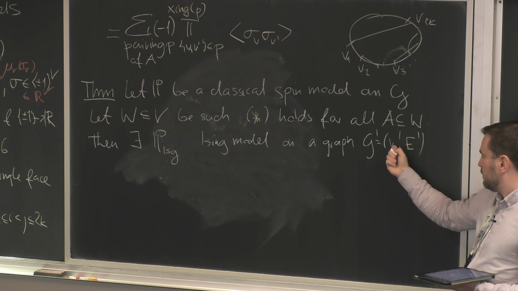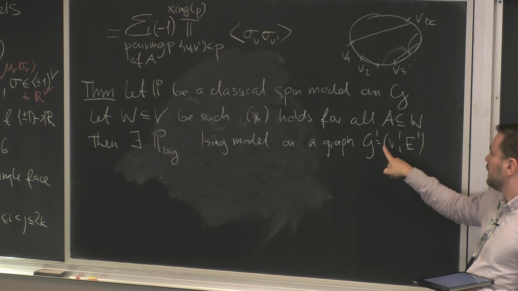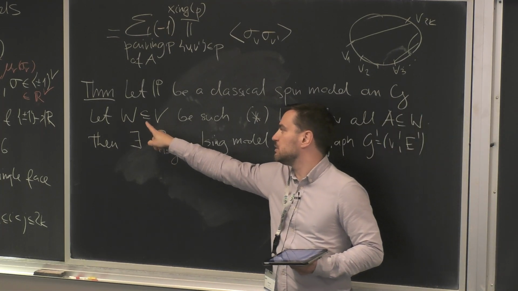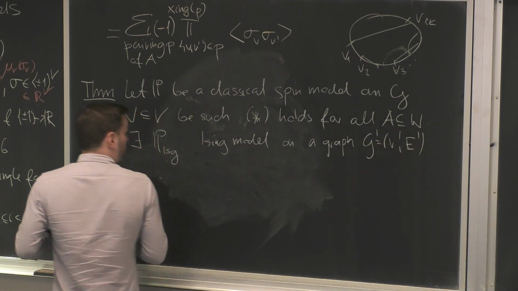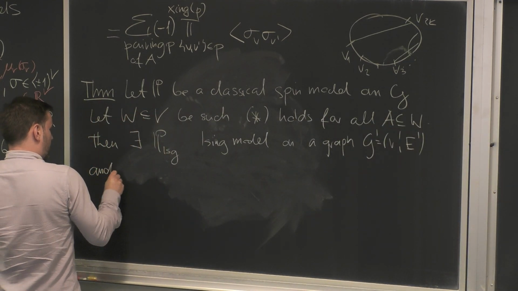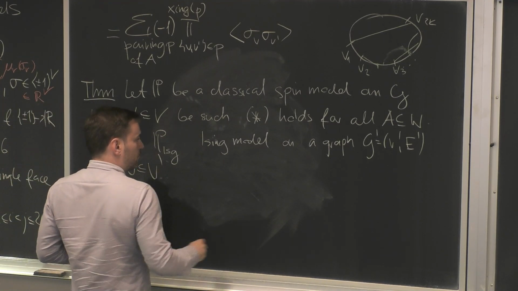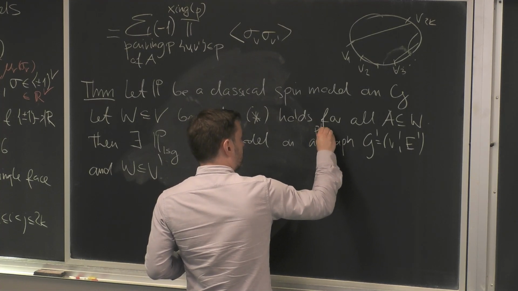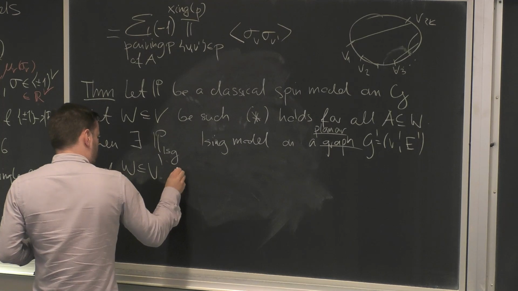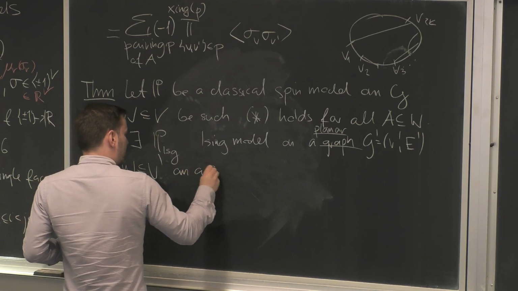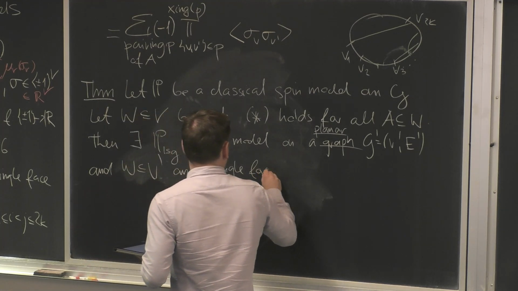So basically we will have a construction which goes from here to there and doesn't touch W. So this W will always be a subset of these vertices, W is a subset of V prime, on a planar graph here, and W on a single face of G prime.